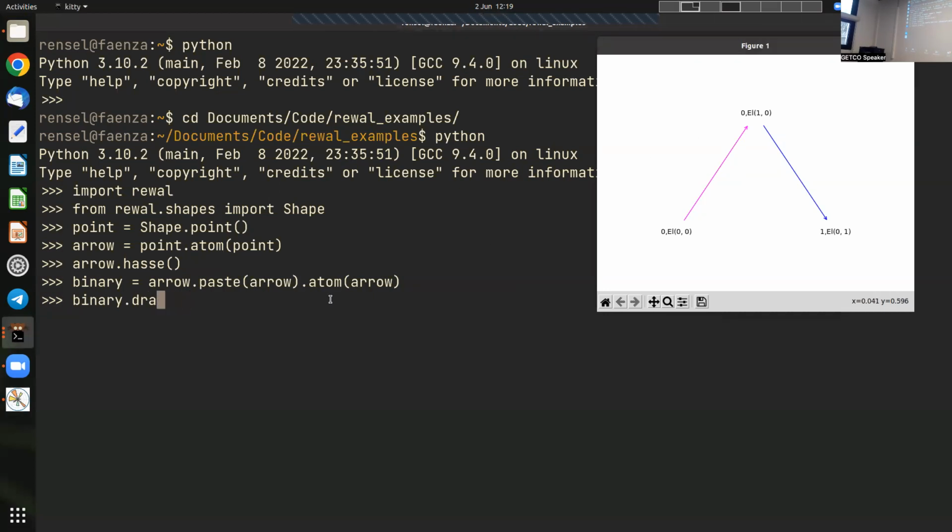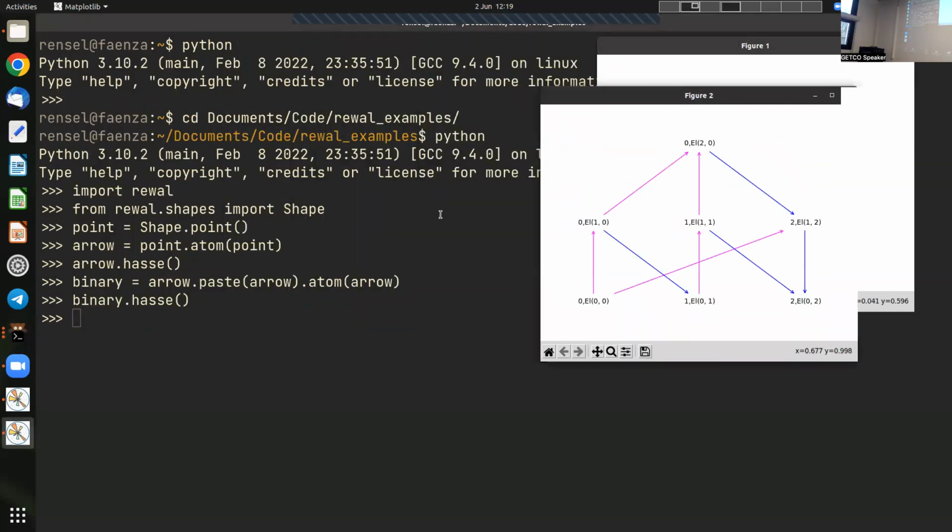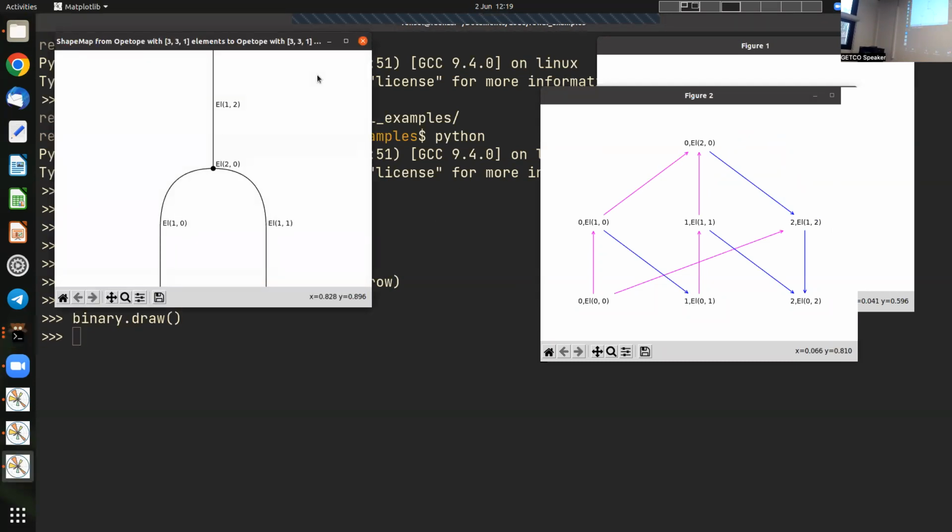You can see this again as a Hasse diagram, but more useful is this visualization as a string diagram. The idea of this representation is that the nodes correspond to top-dimensional cells, the wires correspond to codimension 1 cells, and going from bottom to top separates the faces into input and output faces.